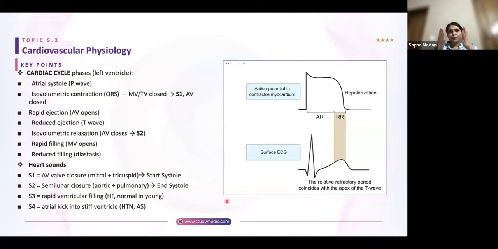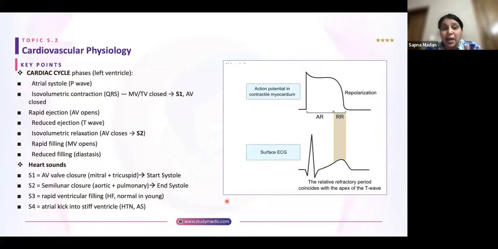First, blood is just flowing down because the ventricle is empty and the atria is emptying itself into the ventricle. Then the last little bit of blood left in the atrium, the atria is going to contract and let it out into the ventricle. So this contraction of the atria is going to cause the P wave. This is the atrial systole and the P wave.